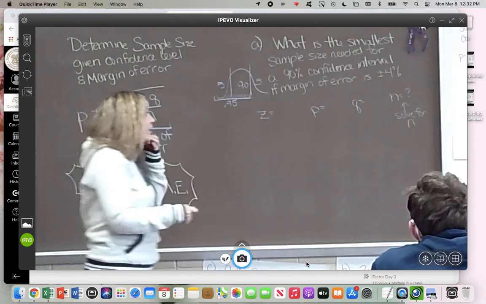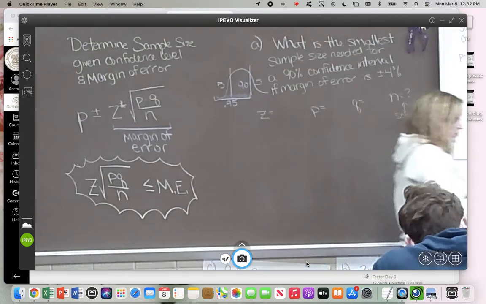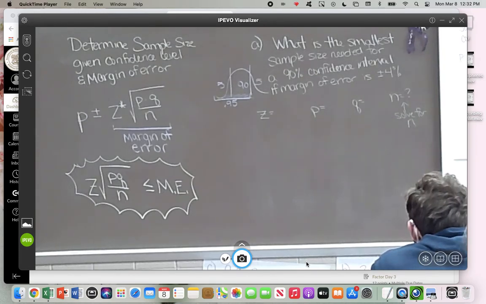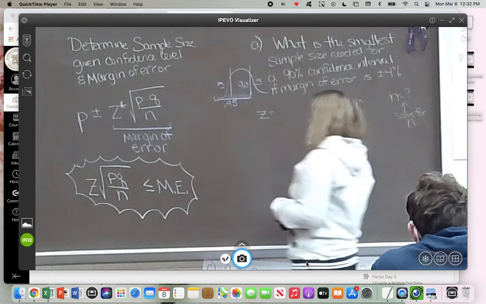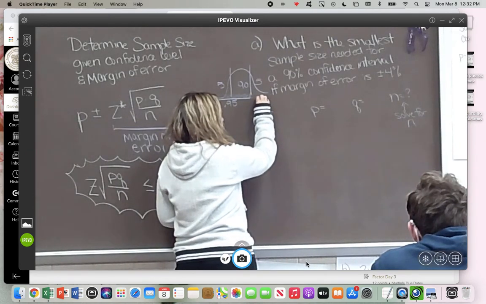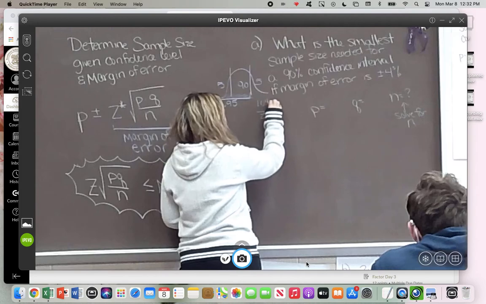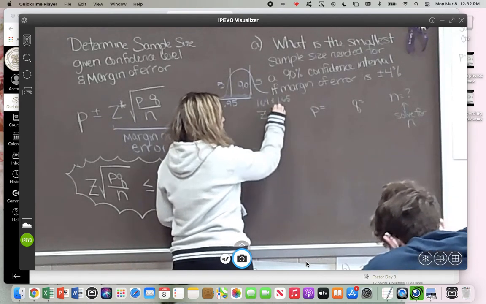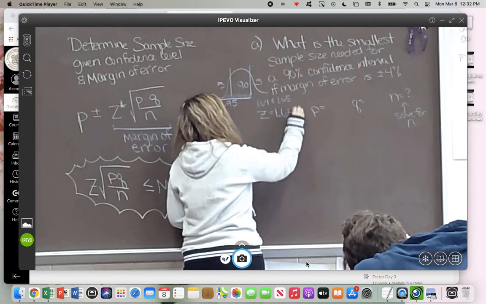So if we look up 0.95, I don't think we have an exact, it's in between, right? What's it in between? What z values is that in between? 1.61. If it's in between those two, 1.645.